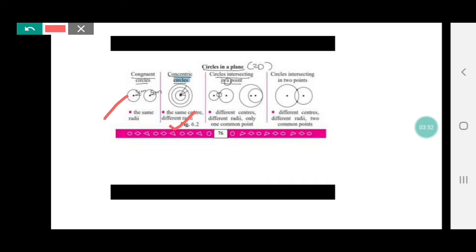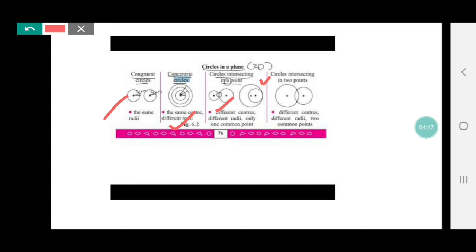Now we will talk about touching circles. The circles may touch internally, in this figure, or the circles may touch externally, in this figure. These two cases are of touching circles. One is touching internally and the other is touching externally.